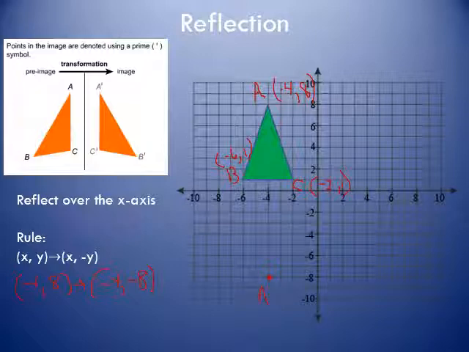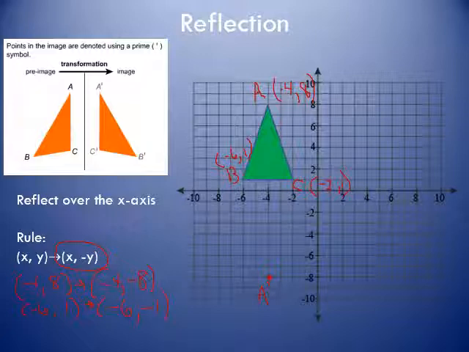That's A prime. And then our B was initially at -6, 1. So again, our x value stays the same. That's -6. Okay, here's the rule right here. And our y becomes negative, or opposite sign of whatever it was.